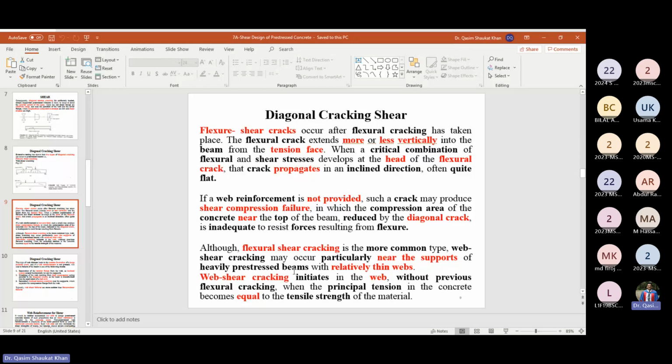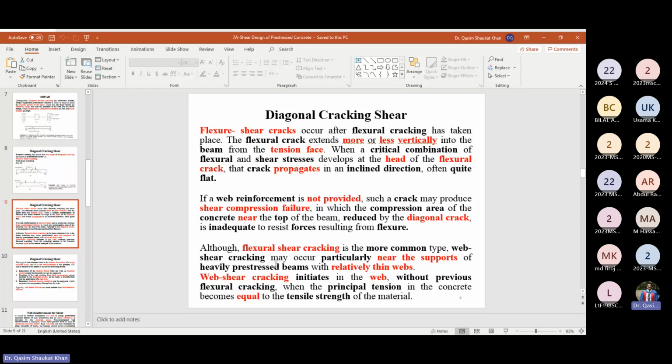So web shear cracking, when will it occur? Near the supports, because due to the pre-stressing there will be high compressive stresses, and due to the applied loading, in case of a simply supported beam, the bending moment at the supports is very less. So tensile stresses are very less.